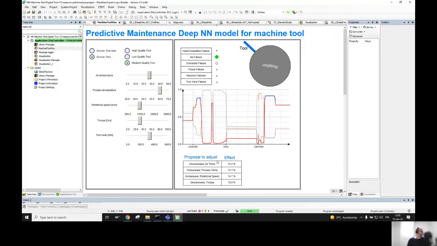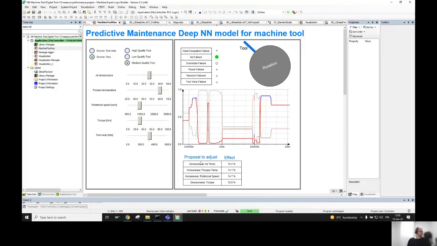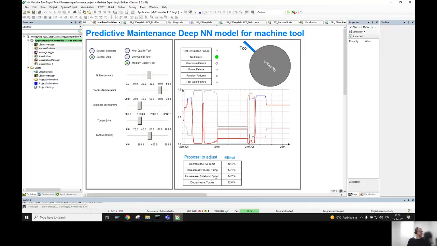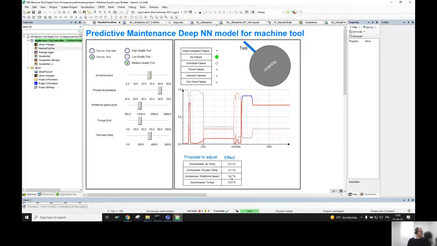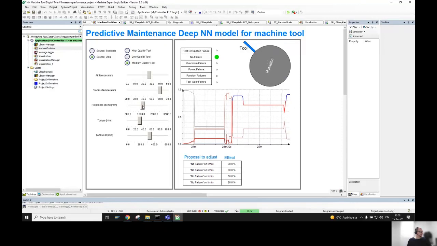This is the prescriptive maintenance part. Now I have here a proposal: what should I adjust in order to get no failure back to the right zone? Well, increase rotational speed. Let's try to increase rotational speed. It seems it's going okay.